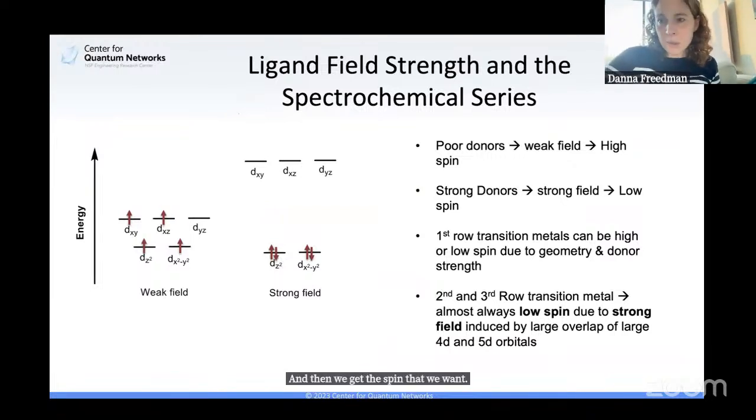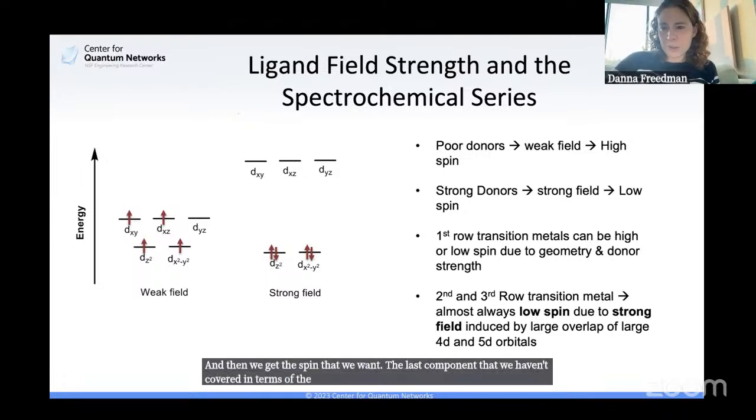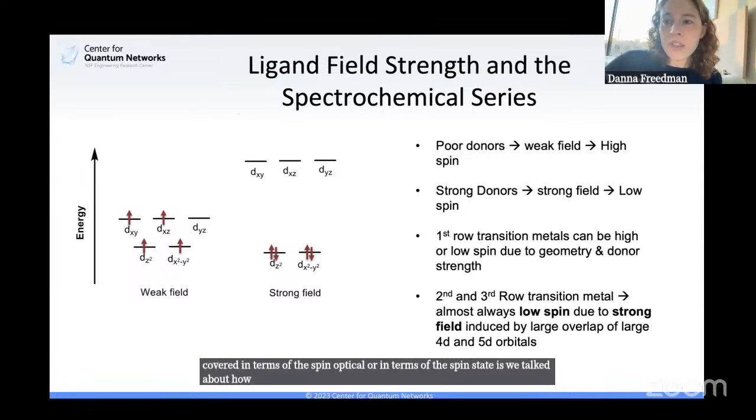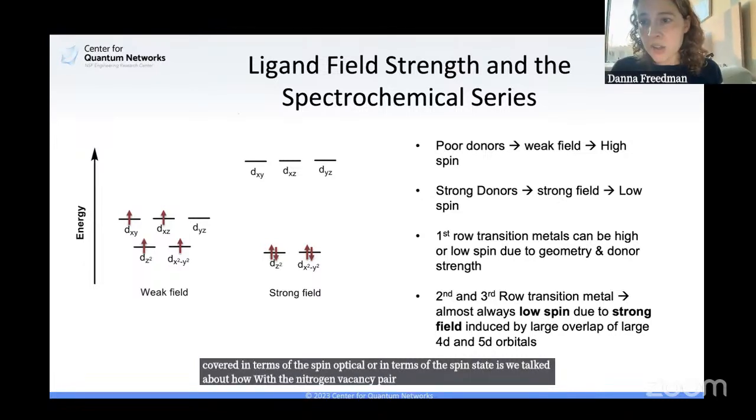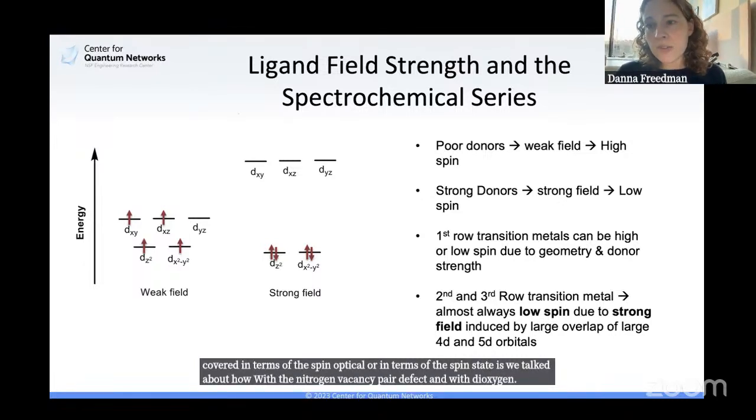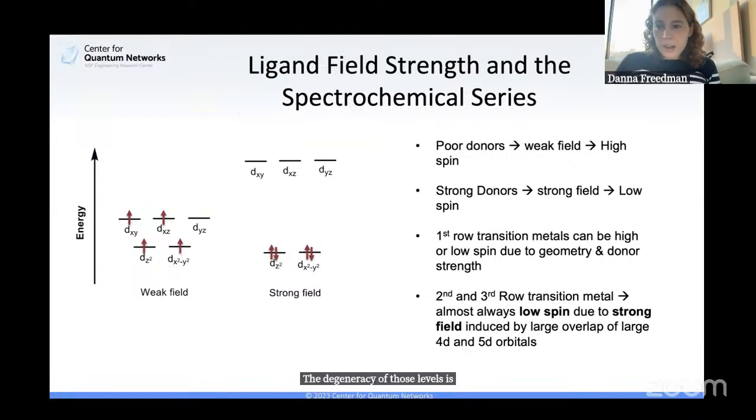The last component that we haven't covered in terms of the spin state is that we talked about how, with the nitrogen vacancy pair defect and with dioxygen, the degeneracy of those levels is really important because it prevents the pairing of the spins.